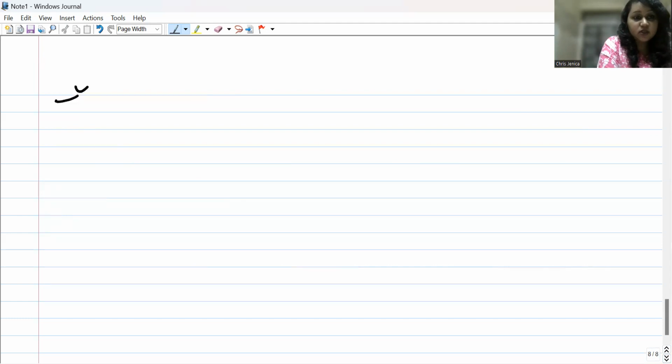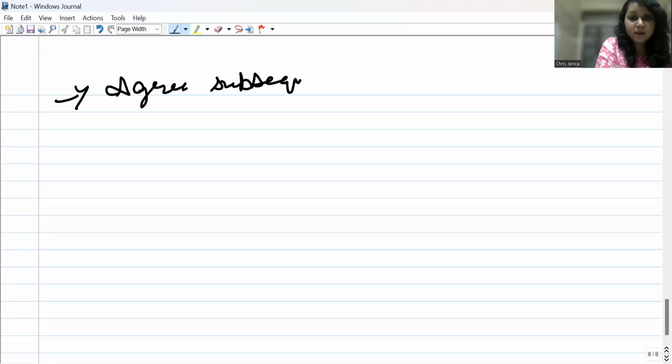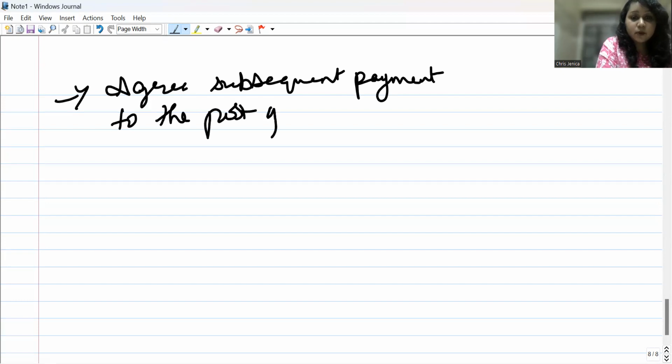Let me even list out that point. So I'm going to agree any subsequent payment to the post year-end cash book and bank statement. Sorry about my handwriting.